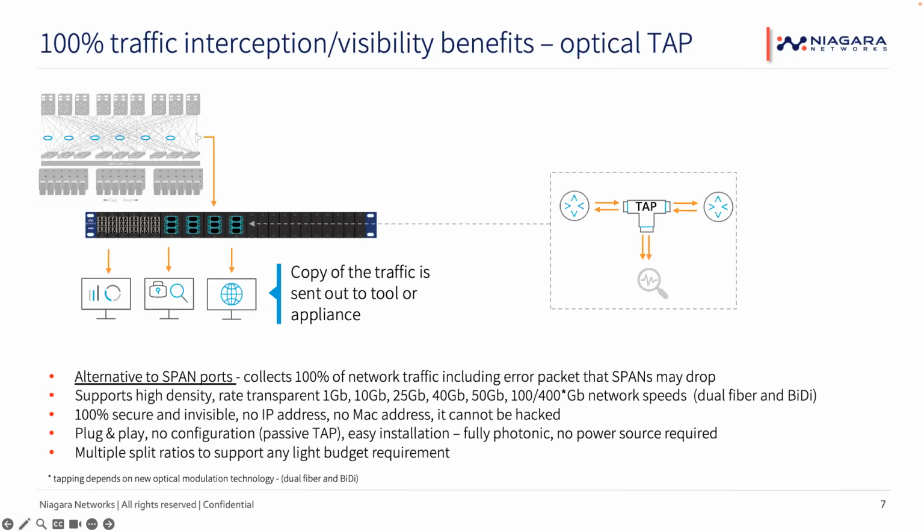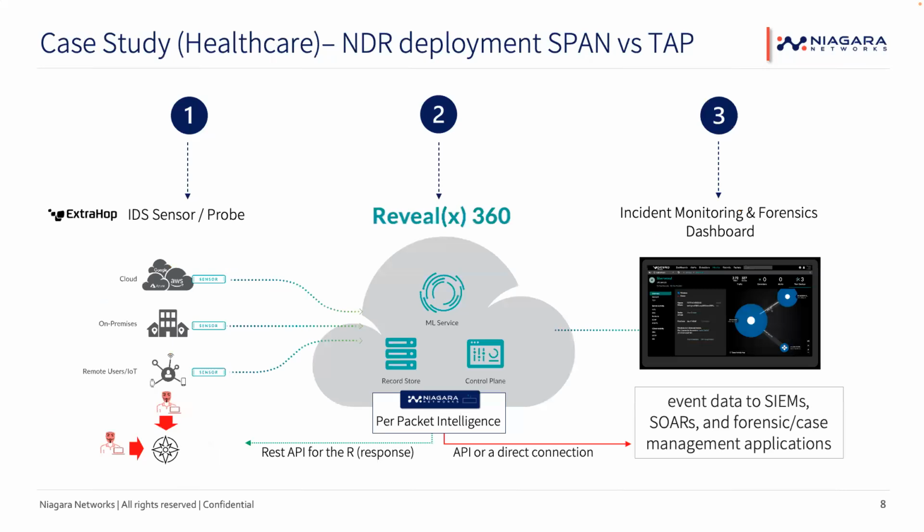So, okay, enough with the doom and gloom. Let's see how we solve this problem and put this together in action. And I am going to use a case study that involved a healthcare provider. And this was working with one of our partners, ExtraHop, who I'm sure you know is one of the leading IDS and NDR vendors.